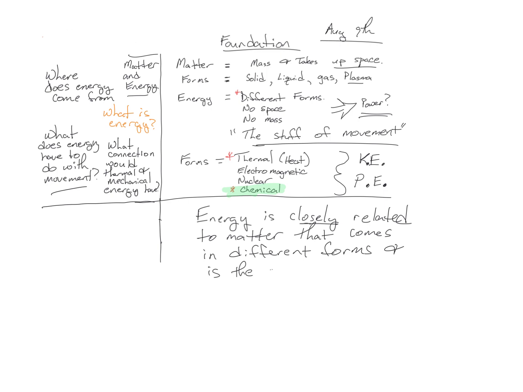Is the cause. I'm going to change that a little bit too, if that's okay. You're right. I just want to tweak it. Is that all right? Yeah. So different forms, and allows matter to move.